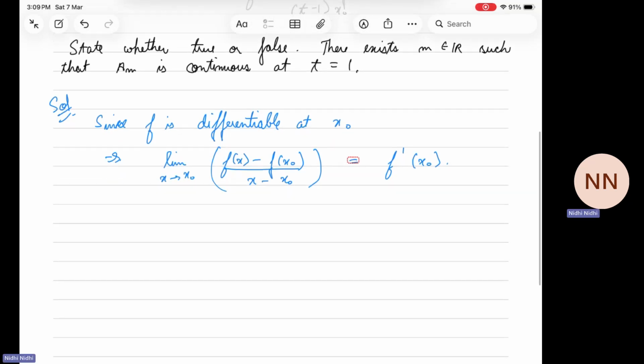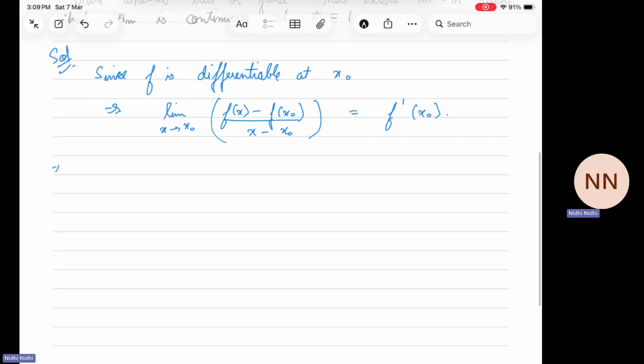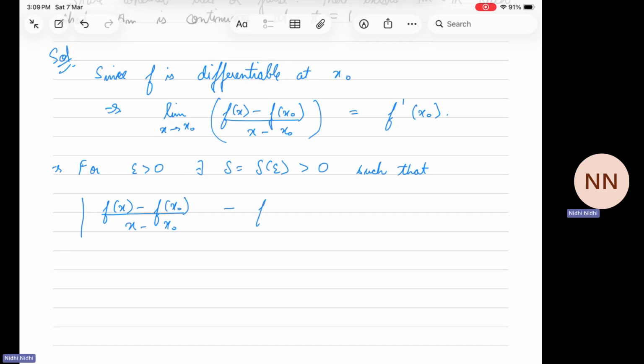Equivalently, if we look at the epsilon delta version of this limit, we can say that for any epsilon positive, there exists some delta, which obviously depends on epsilon, such that mod of (f(x) minus f(x naught)) upon (x minus x naught) minus f dash x naught is less than epsilon whenever mod x minus x naught is less than delta.